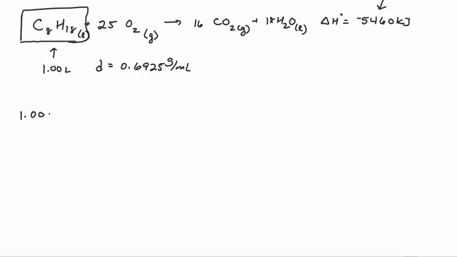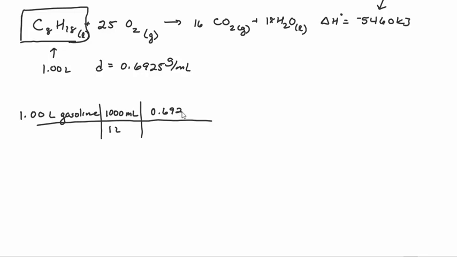And then we're going to use the density to convert that into a mass. But since our density is in milliliters, I'm going to convert this into milliliters as well. Now I can use that density. Remember, the number stays with the unit on top. So now I have a mass of gasoline.